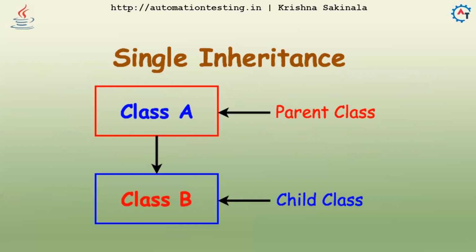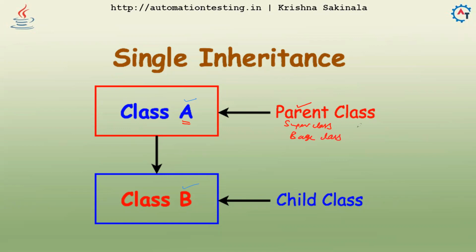Single inheritance. If you see this inheritance, we have class A and class B. This is the parent class or superclass or base class.